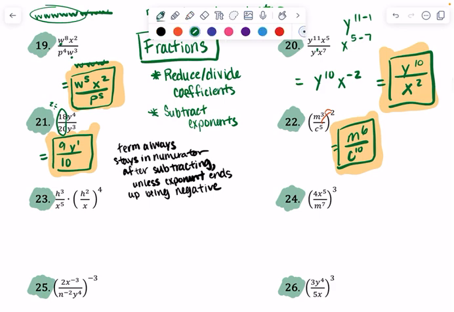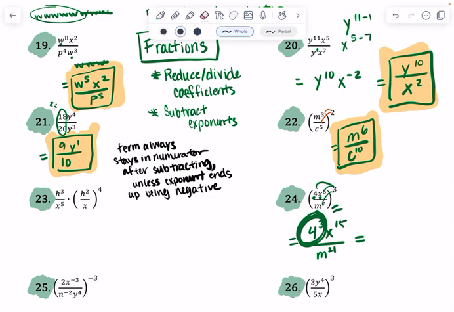So 24, a 4, an x, an m, all are getting that power of 3. So we've got 4 to the 3rd, whatever that's going to end up being. 5 times 3, x to the 15th. 7 times 3, m to the 21st. Any number bases, you want to evaluate that and get what that number value actually is.